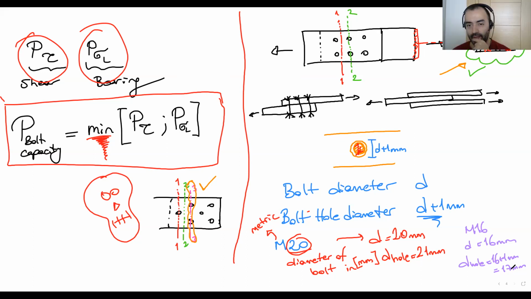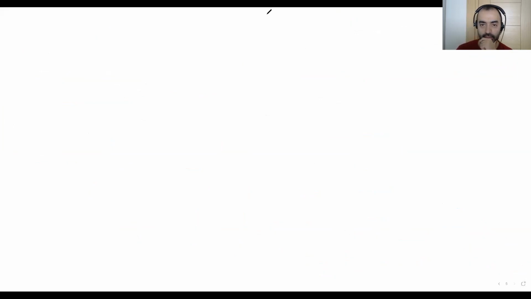So let's calculate the area for the one shear plane and two shear plane connections. Let me draw again this example here.